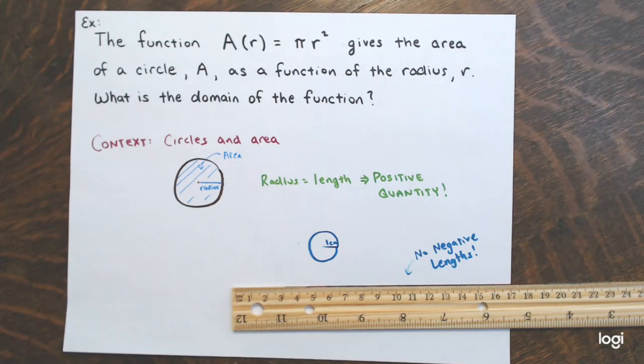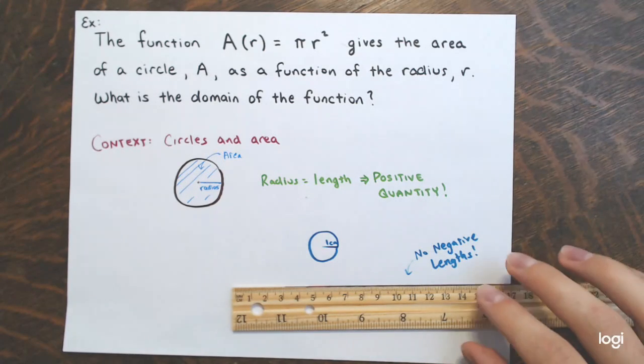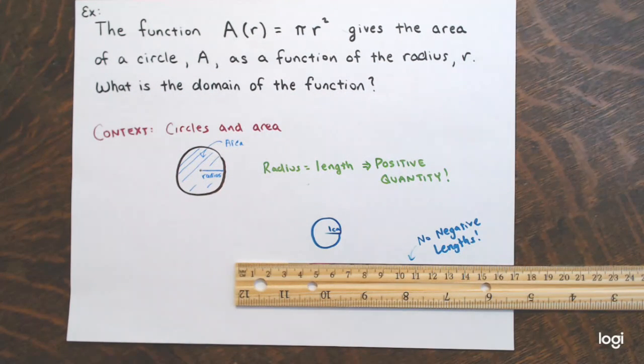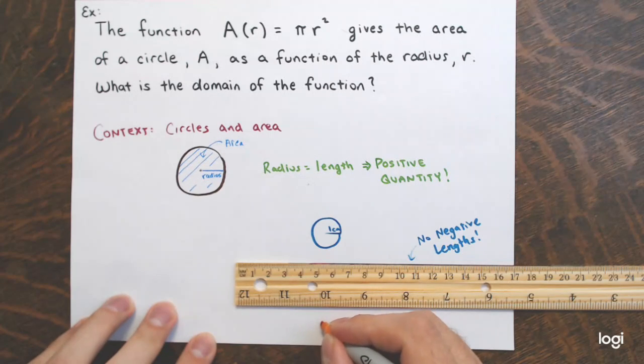And additionally, what about 0? I talked about positive, I talked about negative. What about 0? If I said draw a circle with a radius of 0, that would simply be a point. There is no length coming off of this point.